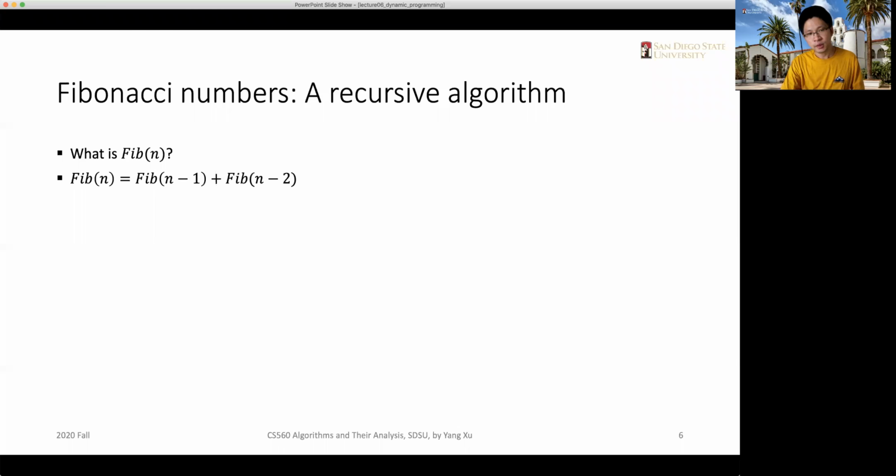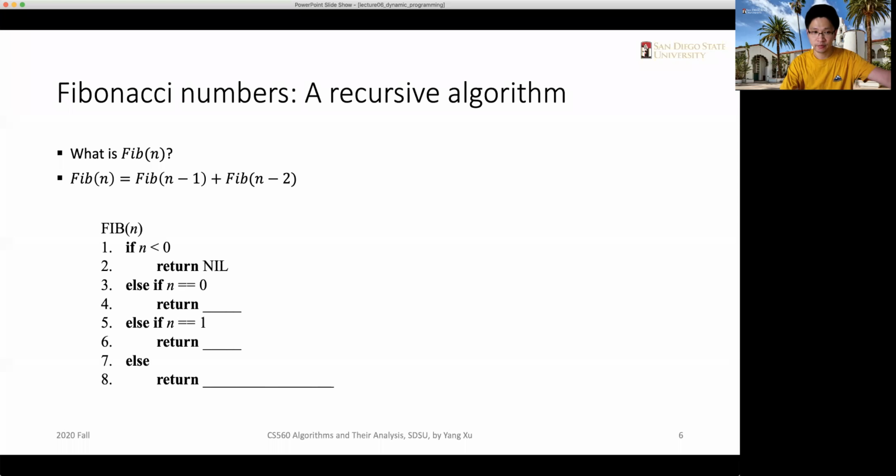If we think of it as a problem that can be solved recursively, then it's easy to come up with the implementation, right? We just use this relationship: the nth Fibonacci number is the sum of the two Fibonacci numbers before it.